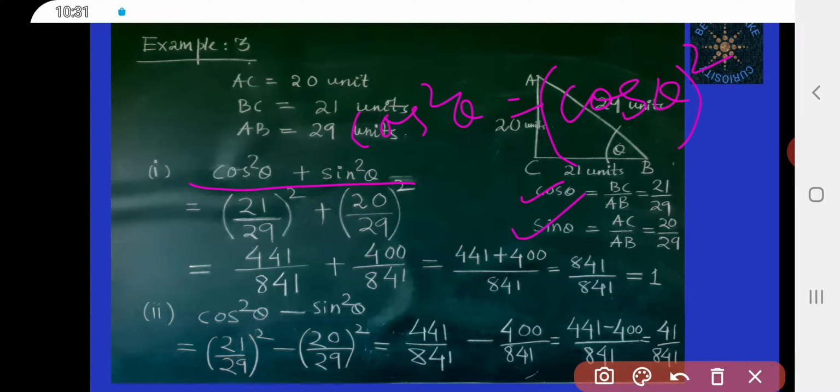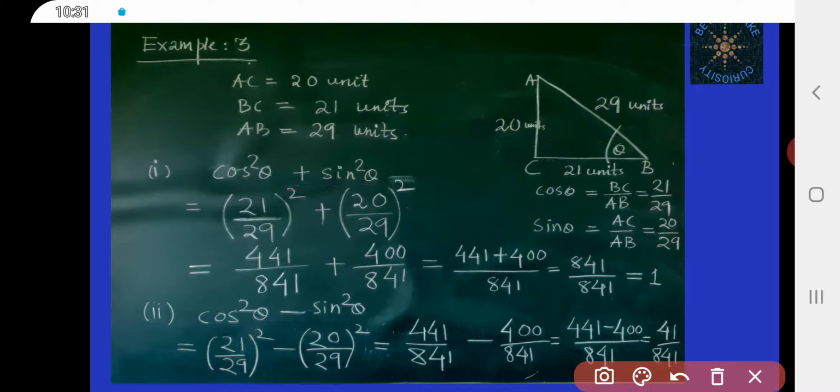So in the place of cos theta you can write 21 by 29, so 21 by 29 whole square, plus here you can write 20 by 29 whole square. Okay, and (a by b) whole to the power n, then you can write a to the power n by b to the power n. Yes or no? Yes.